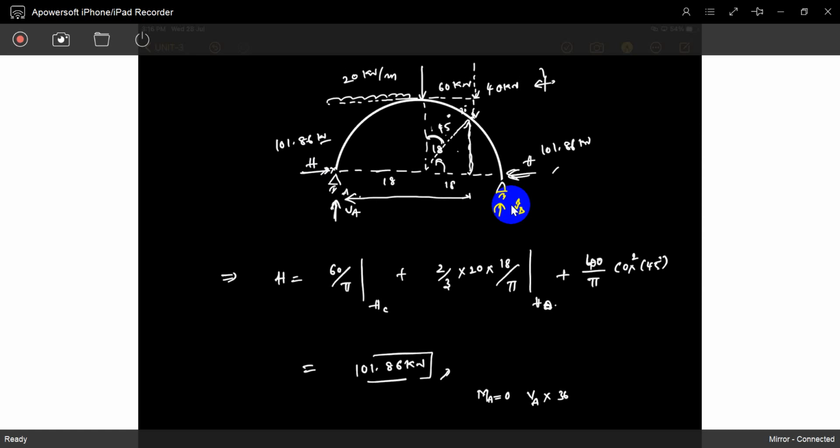What is the distance? This is 45, this is also 45. So the distance is R cos theta, and this is R sin theta.